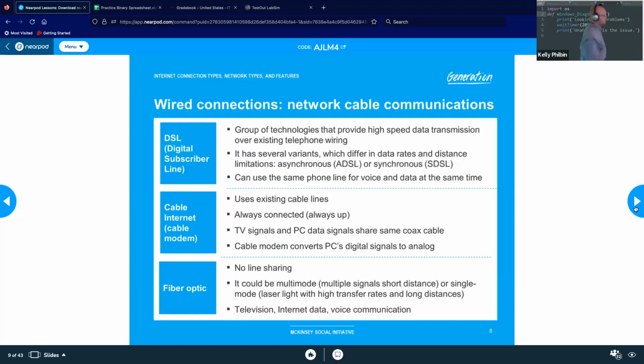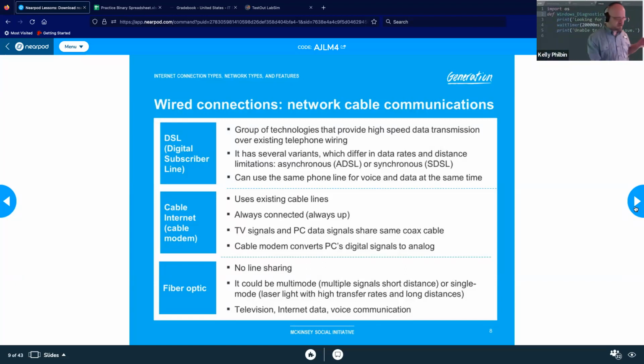And they had a few different variants that you could use, and we still use these methodologies today. They're called ADSL and SDSL, asynchronous and synchronous. Sounds almost similar to what we do here, right? So you can use the same phone line for voice and data, both at the same time.